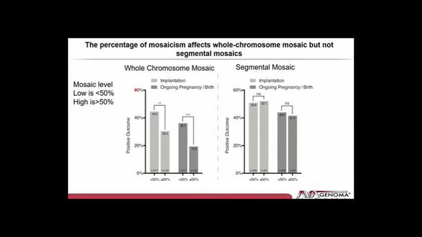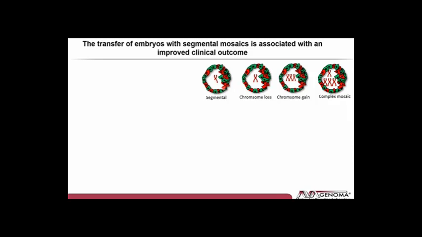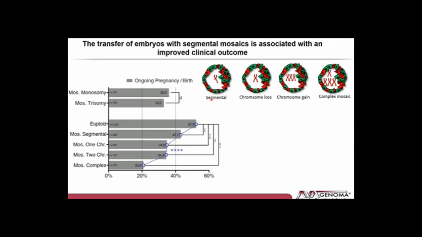And also when we divided the whole chromosome and segmental mosaics based on low or high level of mosaicism, we again found a significant difference between low level and high level mosaics in implantation and ongoing pregnancy rate for whole chromosome mosaics, but not for segmental. Then we analyzed the different types of mosaic embryos: segmental, chromosome loss or gain, and complex mosaics.